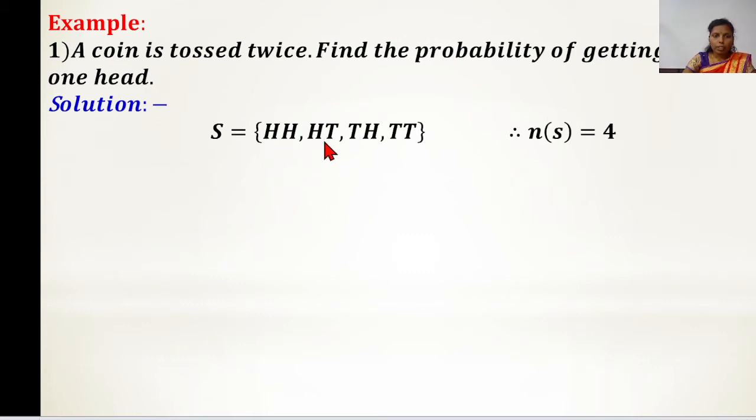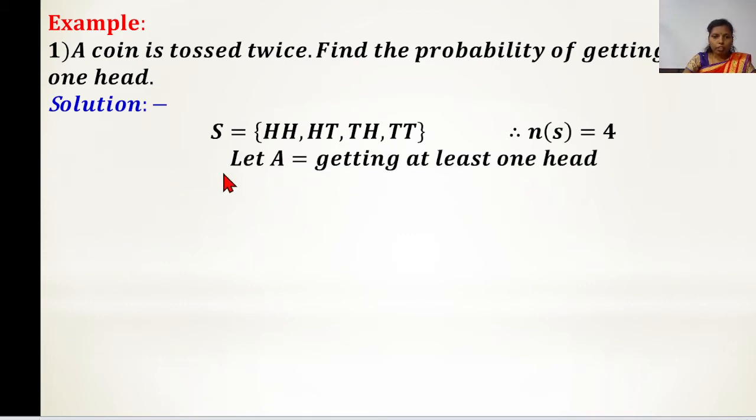Then if we toss the coin a second time, the possible outcomes are head, tail. Next, tail, head, and the last outcome is tail, tail. Therefore, the number of elements in the sample space is 4.